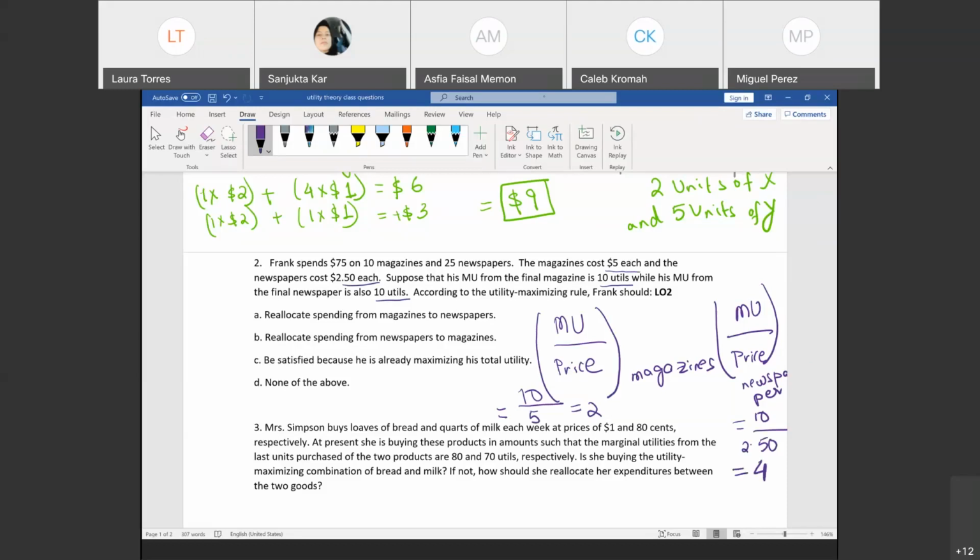So I see that marginal utility over price for newspapers is greater than this ratio for magazines. So this guy should spend more money on newspapers compared to magazines.